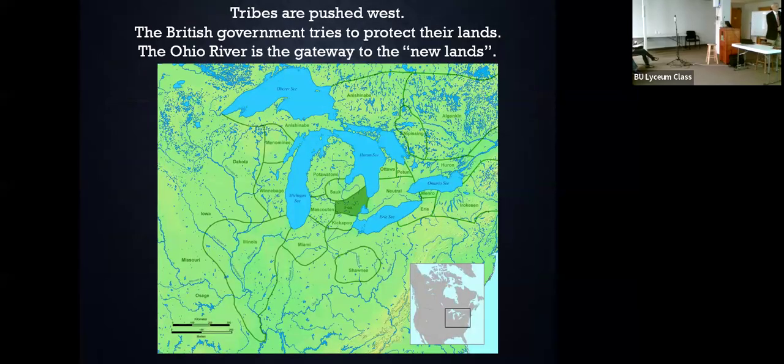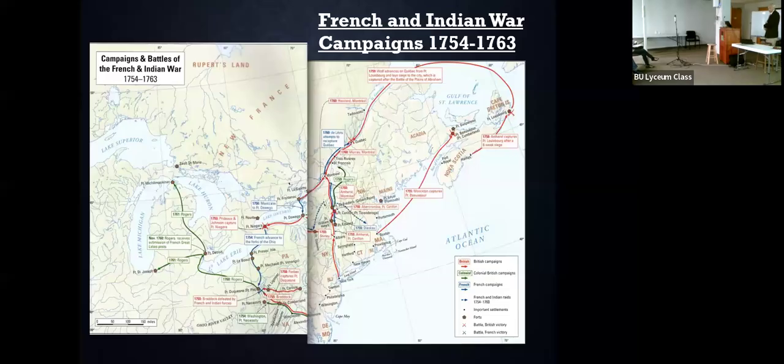This particular slide is just to show the complex area that's involved. Don't worry about the green. That's all the different Native American tribes that were present at roughly this time frame of 1750. But the idea behind it is that this region was also going to be an important area that would trigger this war.